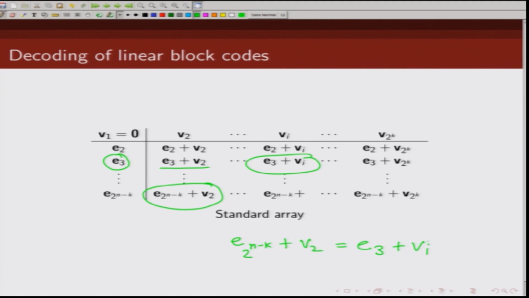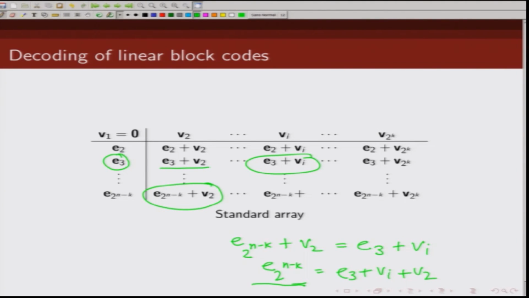correct. Now, we can write this E2^(n-k) as E3 plus Vi plus V2. Why? Because these are all binary words. So, when we add 1 plus 1, that is 0. So, we added V2 to both the sides, and V2 plus V2 will be 0. So, we can write this error pattern as E3 plus Vi plus V2.